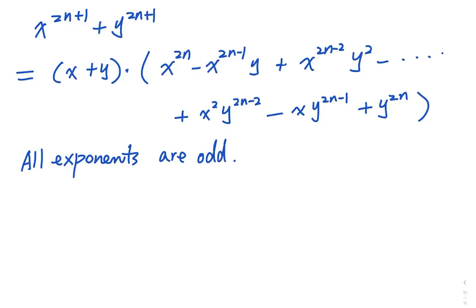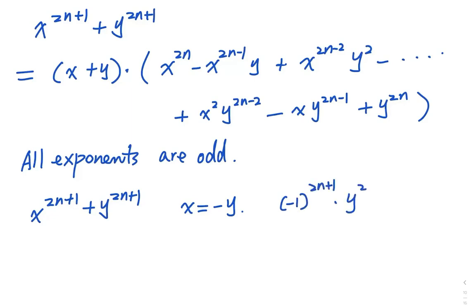Let's think about it. Now, if we have an odd power x to the power 2n plus 1 plus y to the power 2n plus 1, if I make x equal negative y, then I will have negative 1 to the power 2n plus 1 times y to the power 2n plus 1 plus y to the power 2n plus 1.